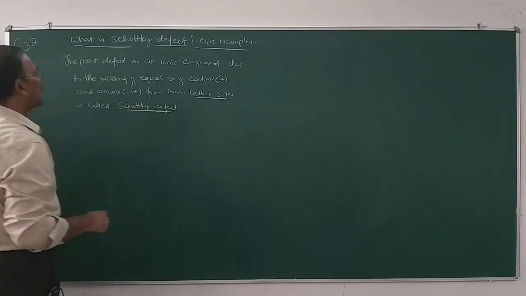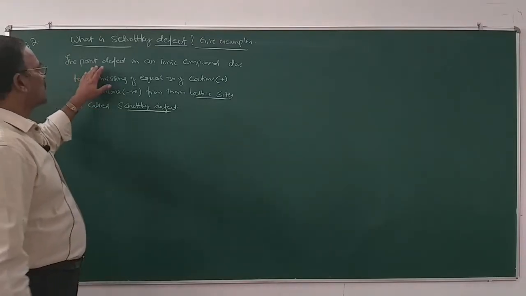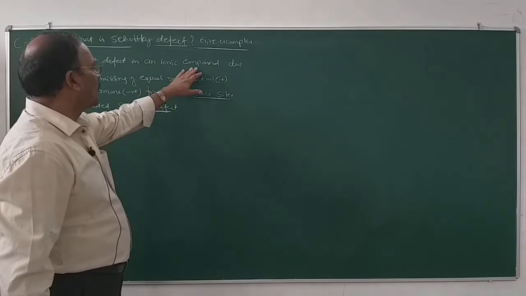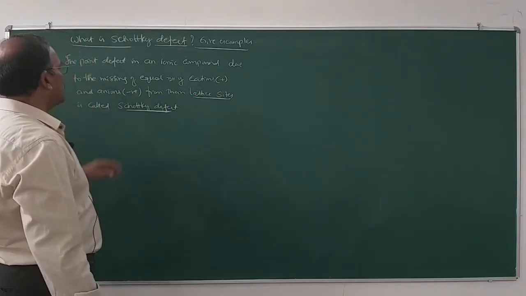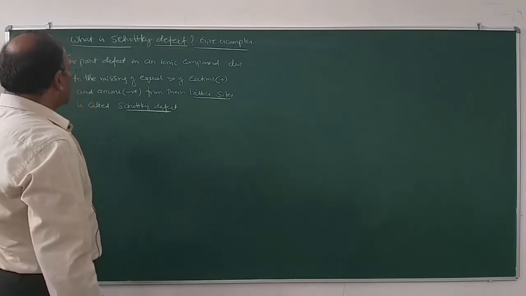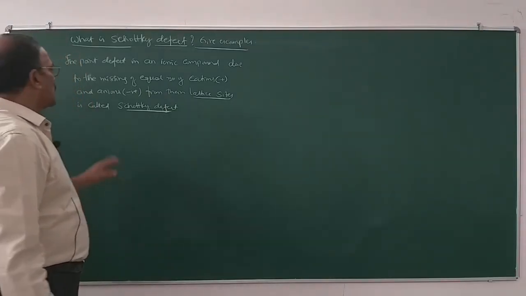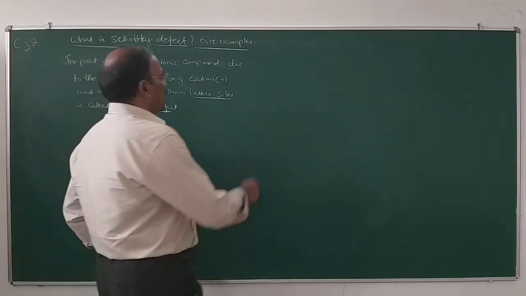What is Schottky defect? It is a point defect in an ionic compound due to the missing of equal number of cations and anions from their lattice sites.